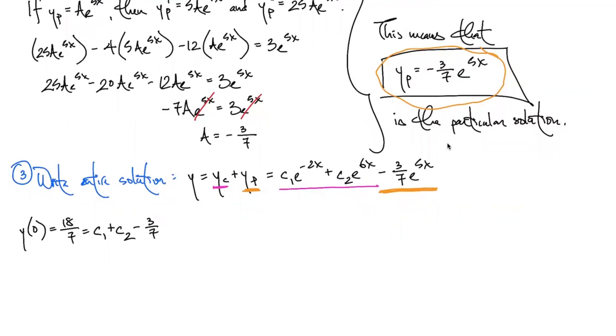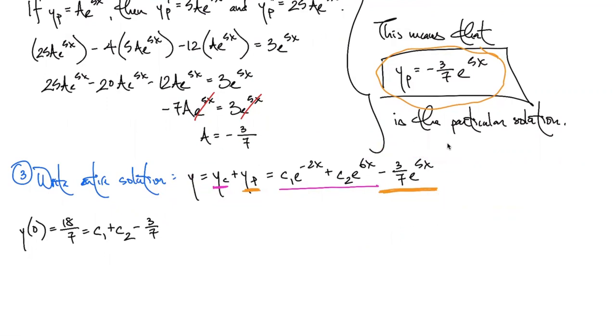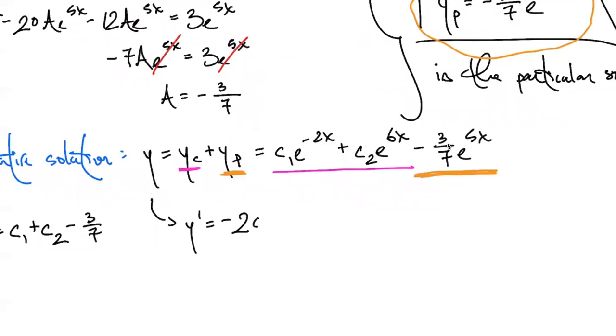All right, before I apply my second set of initial conditions, I'm going to have to take the derivative, okay? Because the second one is a y prime one. So we have to find y prime before we can plug in those second initial conditions. And so y prime here gives us negative 2c1 e to the negative 2x plus 6c2 e to the 6x minus 15 over 7 e to the 5x.